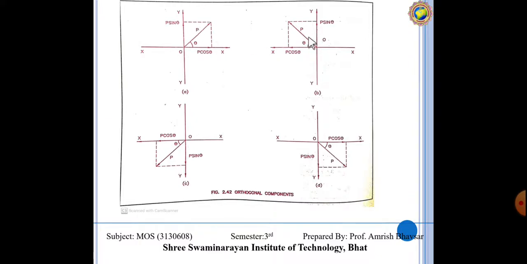Again, in the second quadrant, it is P cos theta on the x axis and P sin theta on the y axis. Here theta is towards the x axis, so whenever our force is resolved towards the given angle, it is cos, and opposite to that angle, it is sine.